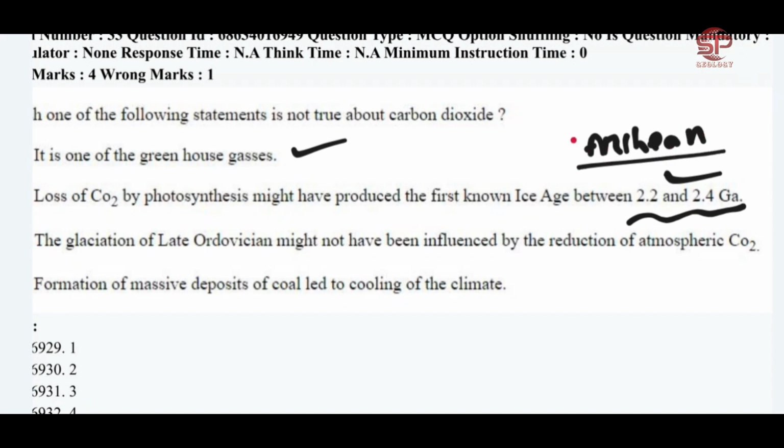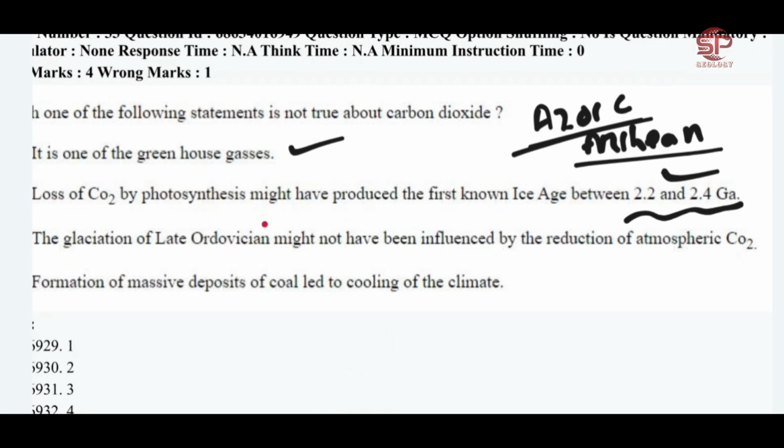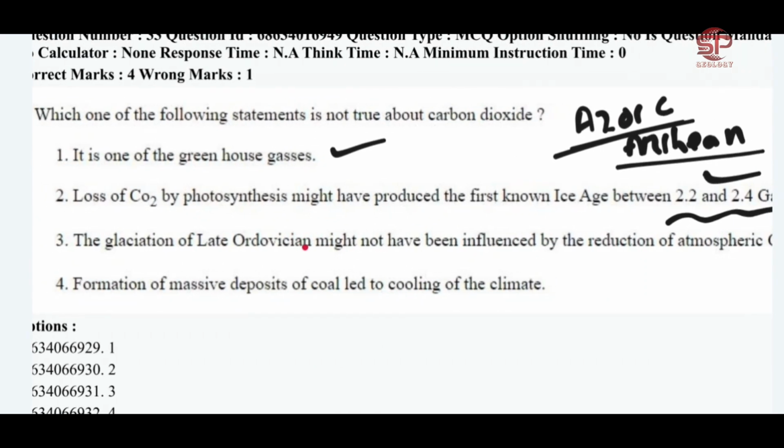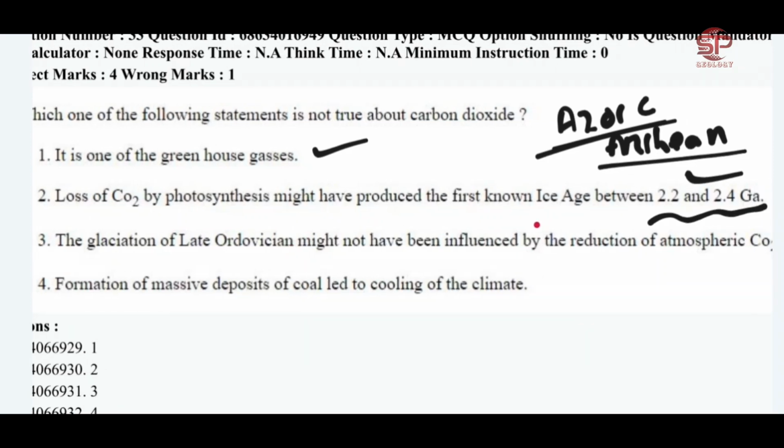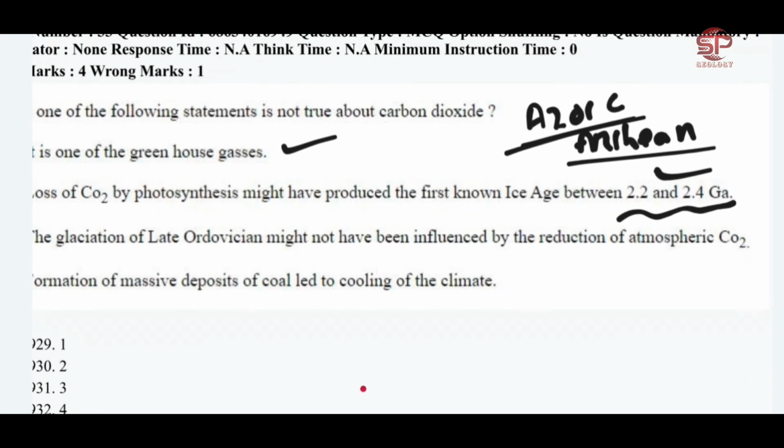During Archean, it is considered azoic, so there will be no photosynthesis. So there will be no loss of carbon dioxide, and it should not produce that ice age because of a decrease of carbon dioxide within the atmosphere. So it will be wrong. So this will be the incorrect statement.